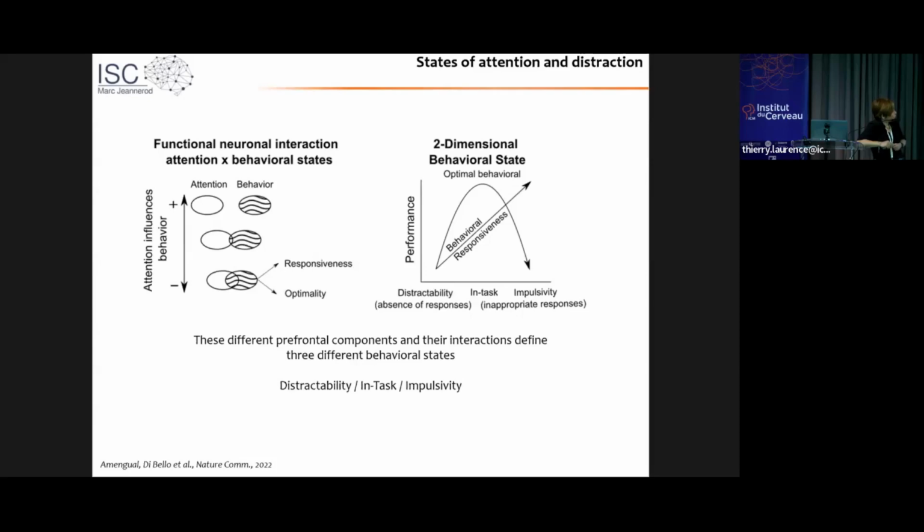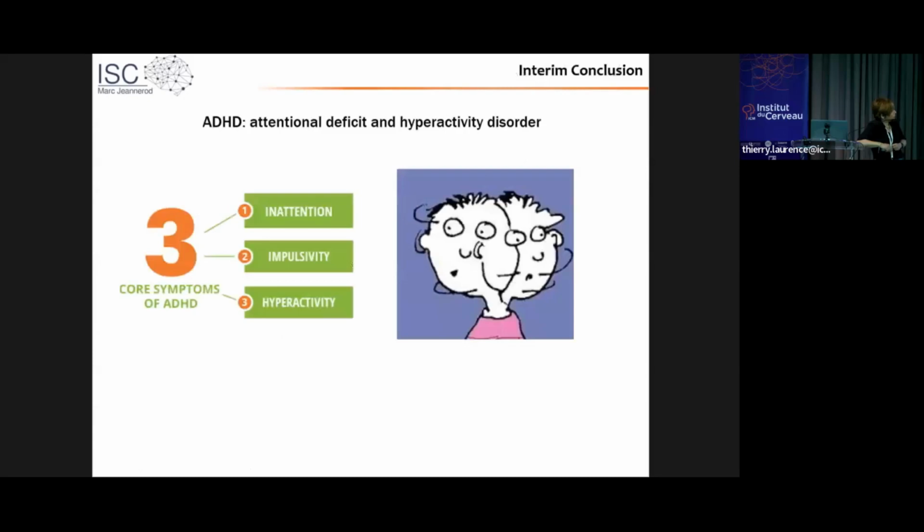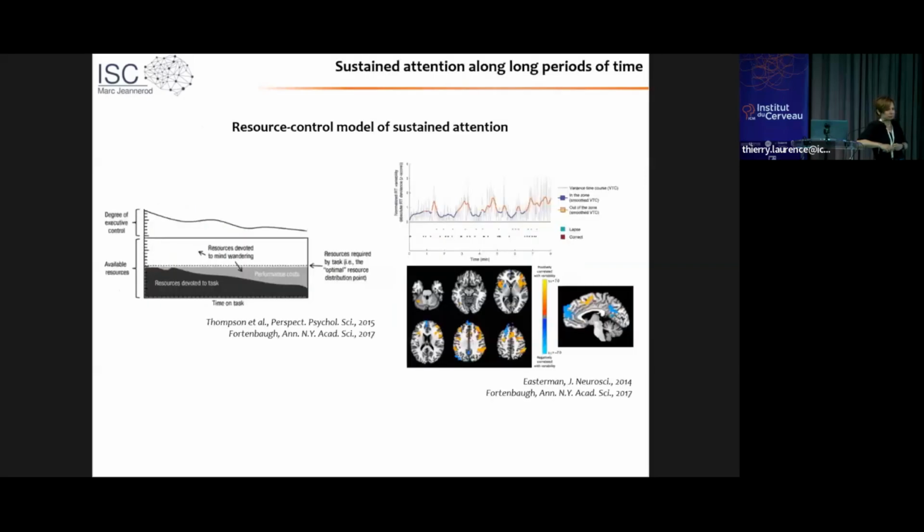These are proposed to define an in-task optimal behavior state and two different states of distractibility and impulsivity that might actually have a quite important role in the advent of ADHD symptoms, including attentional impulsivity and hyperactivity.